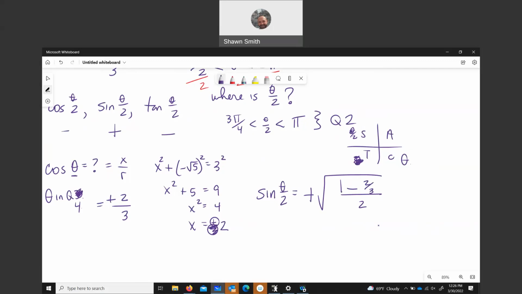It's the right formula. Again, I'm fine you leaving it like that. I don't care. We can just simplify a little further though. Multiply everything by 3. There's a complex fraction. So that's the square root of 3 minus 2 on the top. It makes 1. 2 times 3 is 6 in the bottom. That's 1 over the square root of 6, and rationalize, square root of 6 over 6.